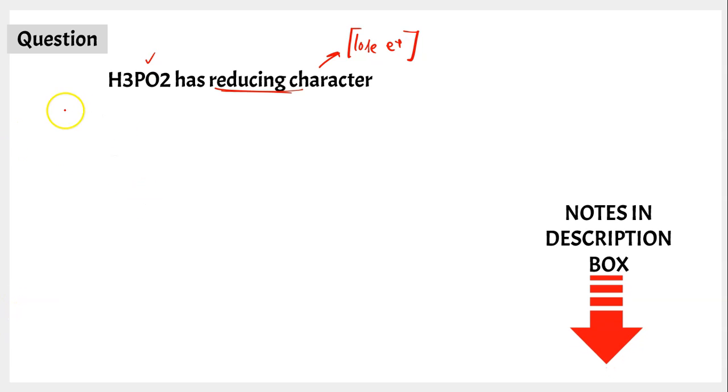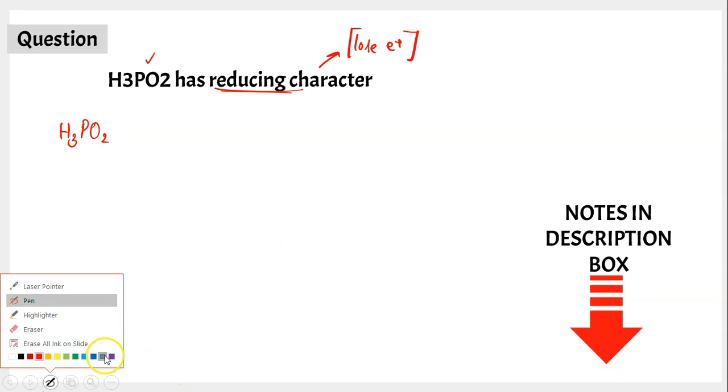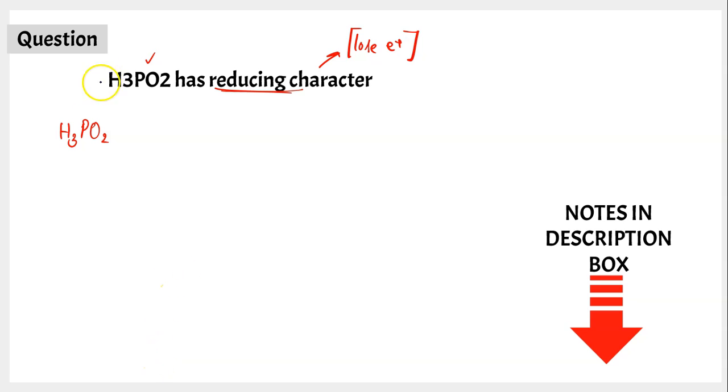To understand that better, we would have to look at the oxidation state of phosphorus in H3PO2. And I'm sure you know how to calculate that. In case you do not know, let me quickly brief on that as well. So you're calculating oxidation state of phosphorus, so call it as X. And oxidation state of hydrogen is +1 per each atom and that of oxygen is -2 per each atom.